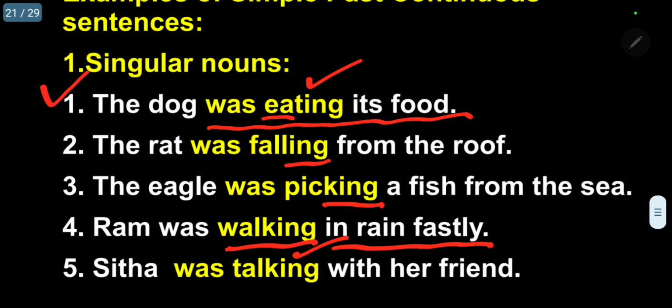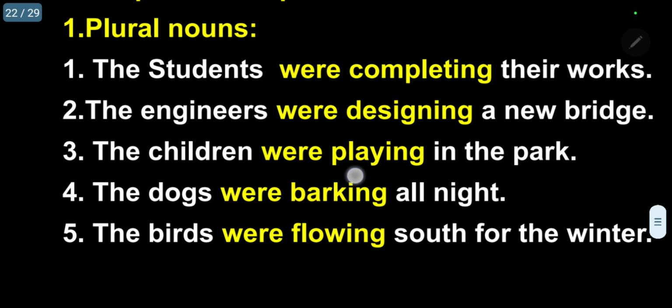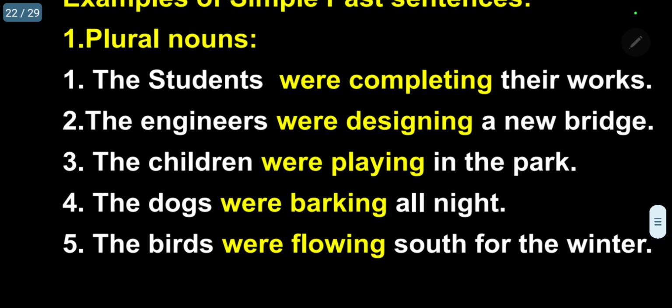While adding present continuous, I only have to look at the formula, the rules. So now I have seen the singular noun. I'll go for plural nouns. Examples under the plural nouns, kindly follow. The students were completing their works.